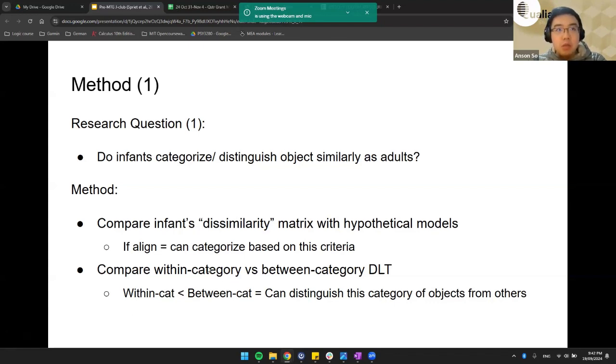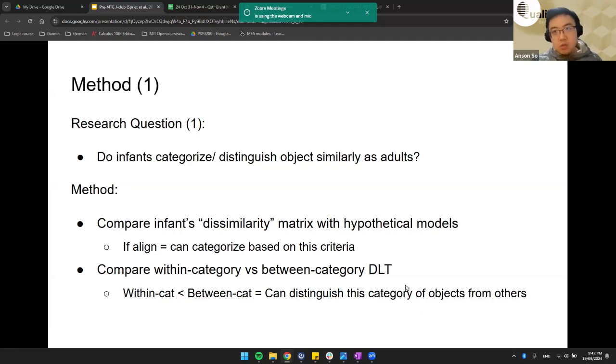Using this comparison, if the between category DLT is significantly bigger than the within, then they conclude that the infants can distinguish the category of objects from others. What they realized is that these two methods basically gave them the same conclusion.